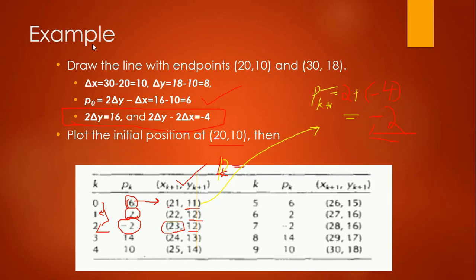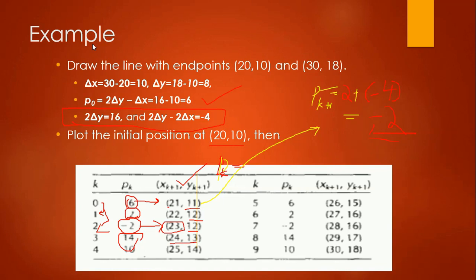Now we have calculated a newer Pk value, that is 14. 14 is positive, so increment both x and y values, that is 24, 13.